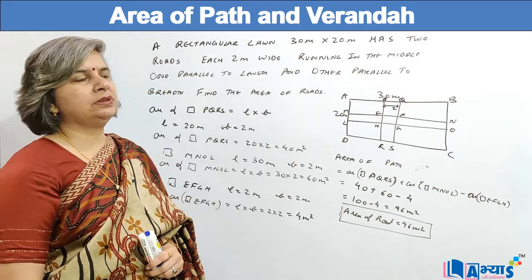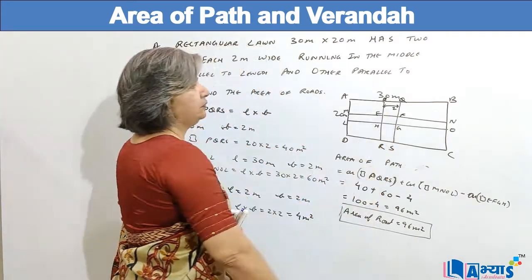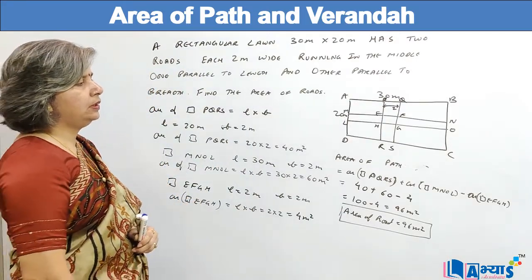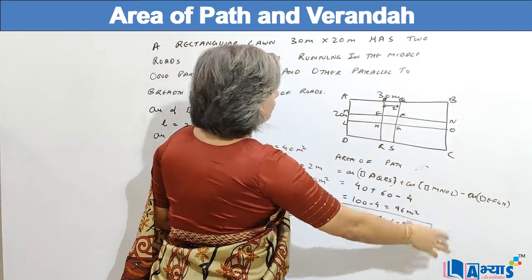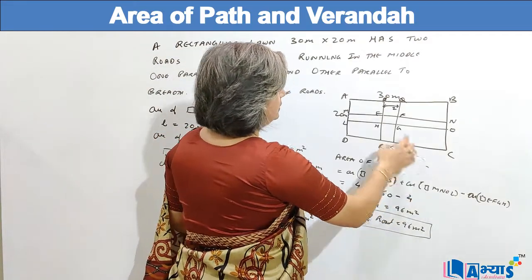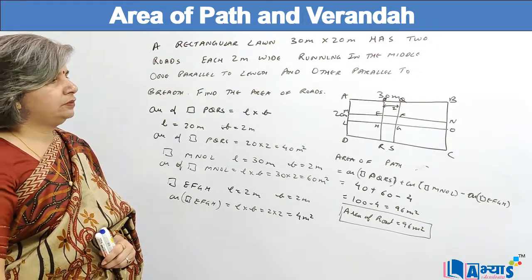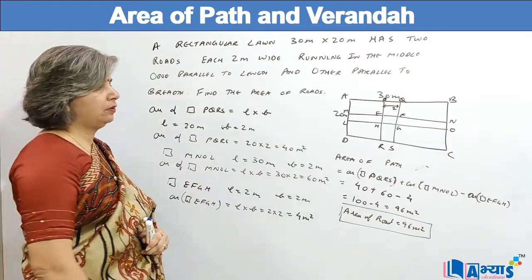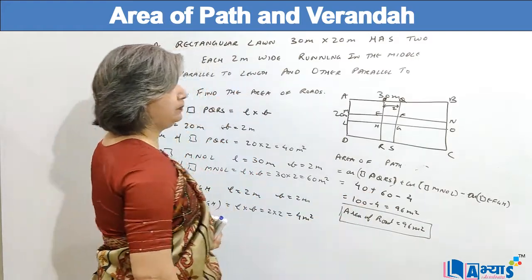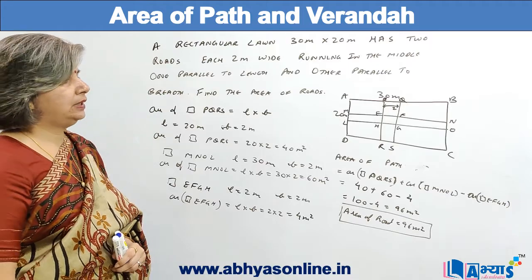So as it is in both the roads, we will subtract the area of EFGH, because if we just add these two areas, EFGH will be added twice. So we have subtracted EFGH once. Now the area will be 40 plus 60 minus 4, which is 100 minus 4, that is 96 meters square.